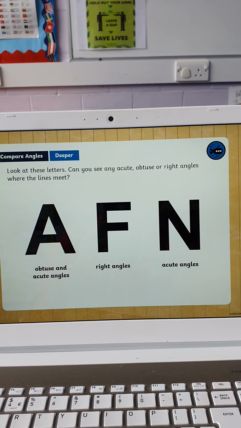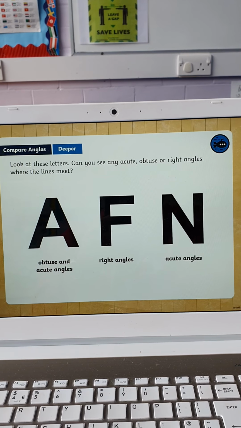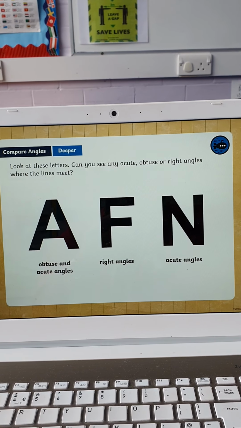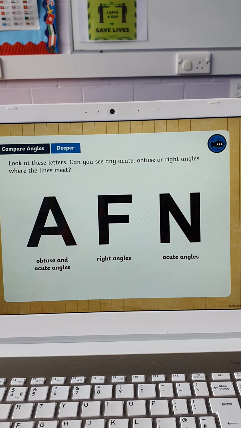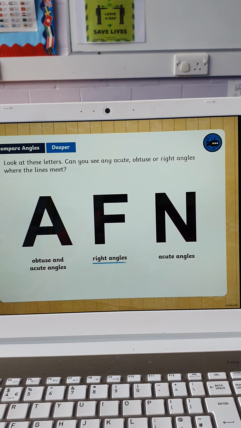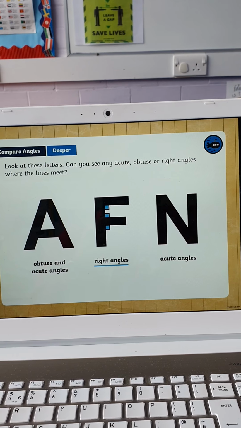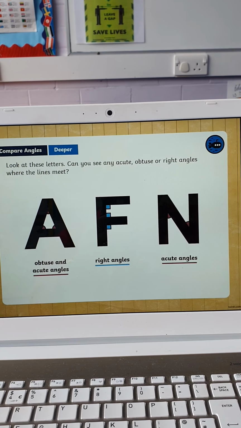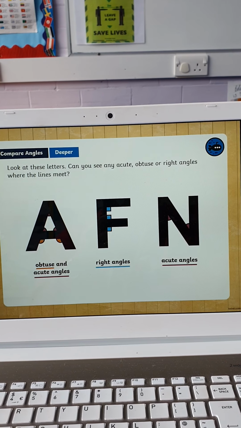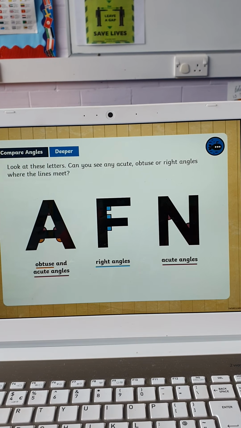So the letter A has got some obtuse and some acute angles. The letter F has got right angles, and N has just got acute angles. So there are your right angles. There are your acute angles. And on the A, there are the obtuse angles.